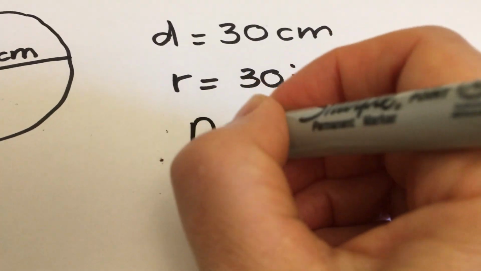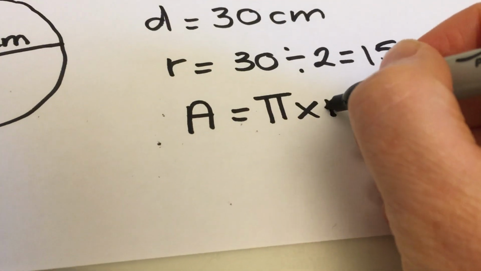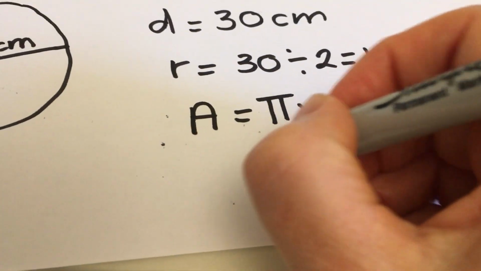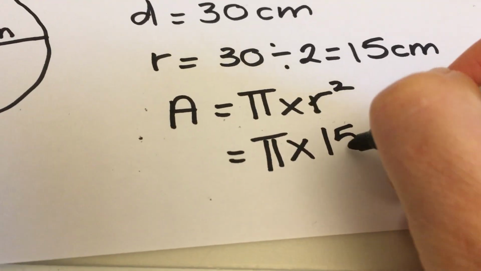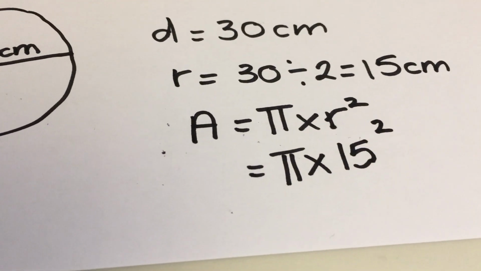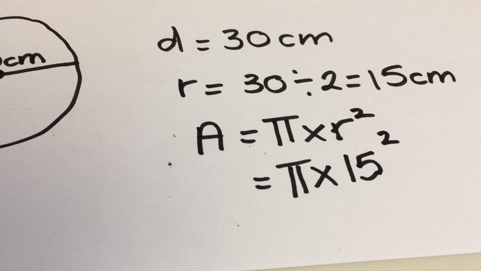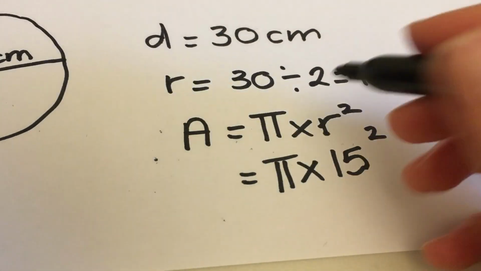So then the area is pi times the radius squared, which is pi times 15 squared. On the calculator, that gives an answer of 706.9.